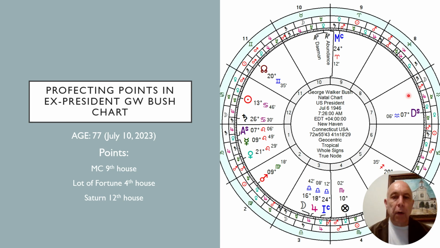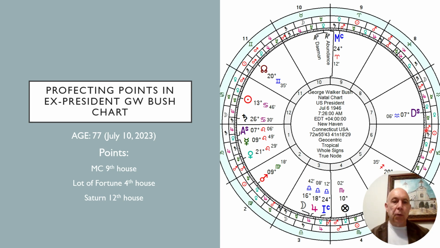All right, so over here we have the chart of ex-President George W. Bush, and he just turned 77. Today's July 10th, 2023. He just turned 77 a few days ago.